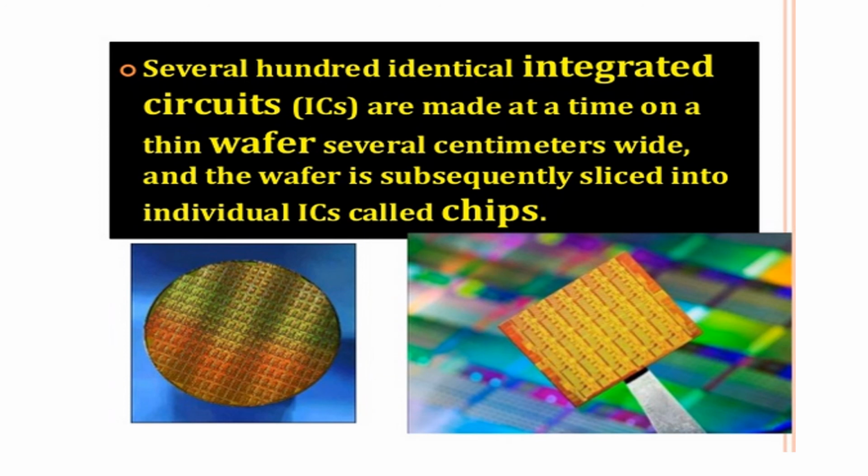So at a time mass fabrication is possible. There are two benefits: one is you have reduced the area, and another is that from one wafer hundreds of chips are manufactured in one go.